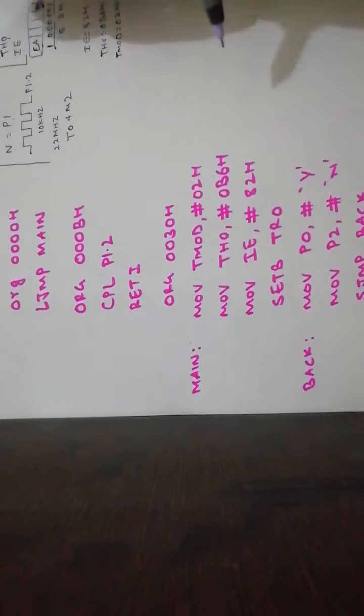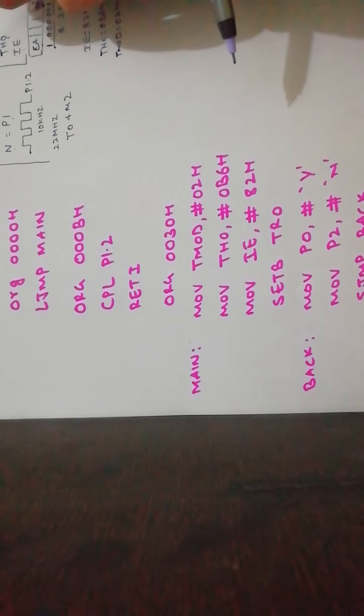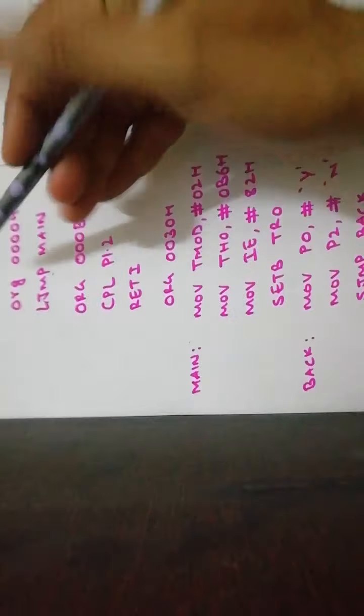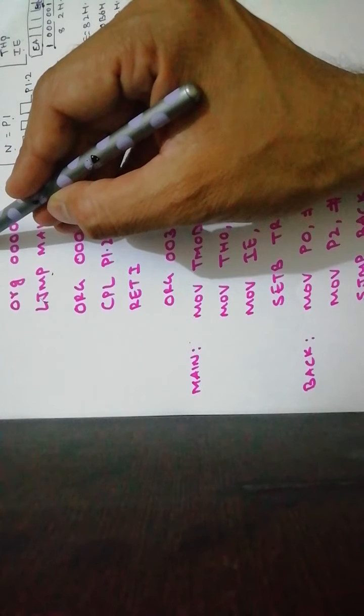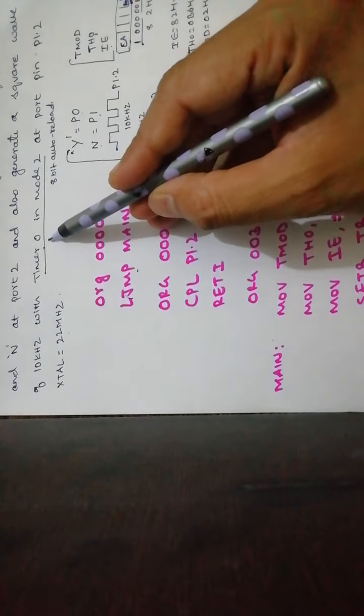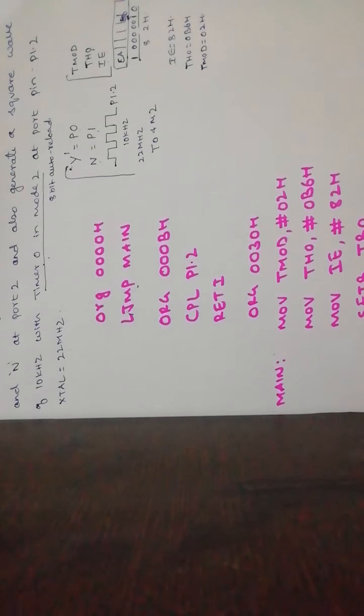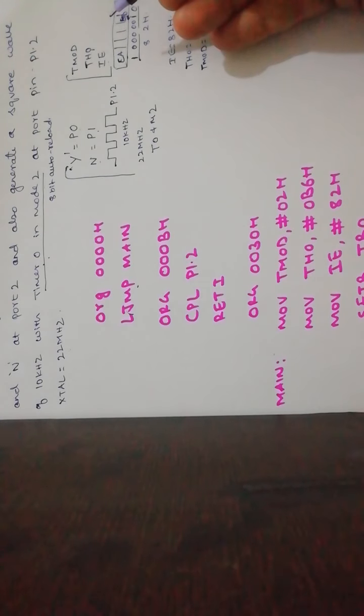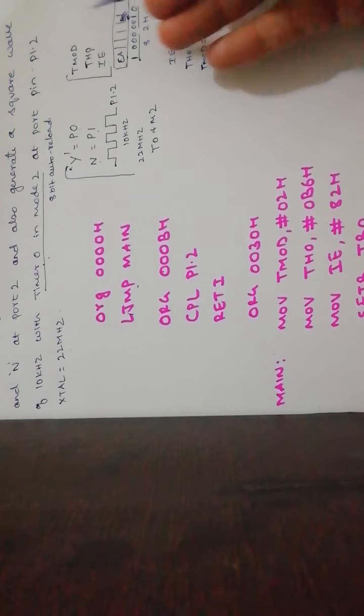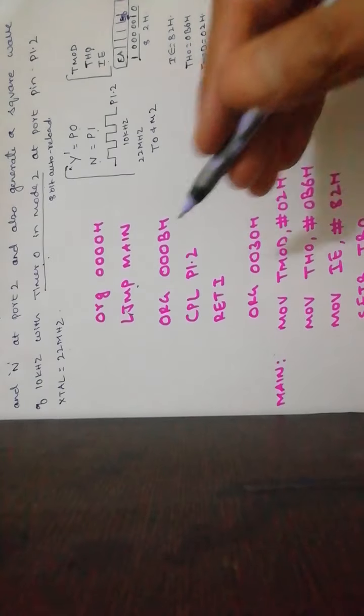Then it will give service to the external interrupt. Here the external interrupt is external interrupt 0. It will give service to that interrupt, and after executing that, it will come back to the main program and start executing it.